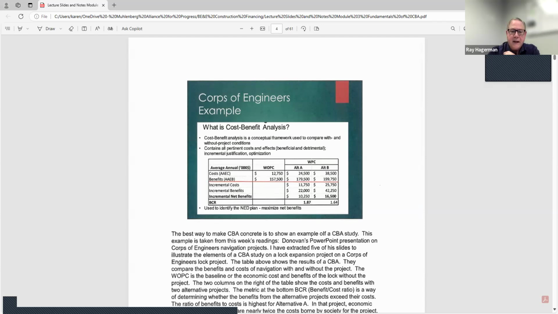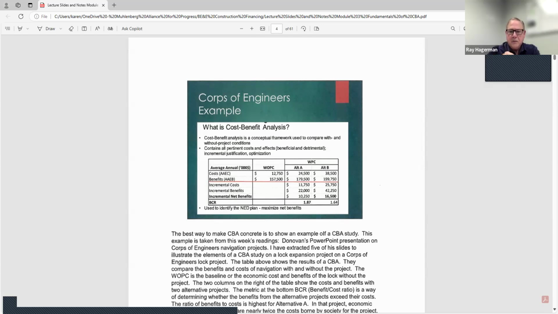What the BCR is, and you will probably see this again, the benefit cost ratio is simply the benefit number over the cost number, with the cost number being the denominator. If the benefit cost ratio is greater than 1, and that's written down at the bottom of this page, then you probably should do it.